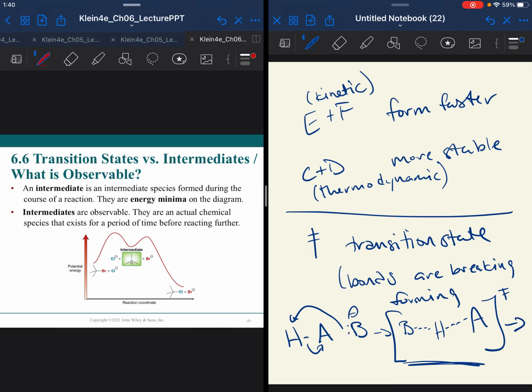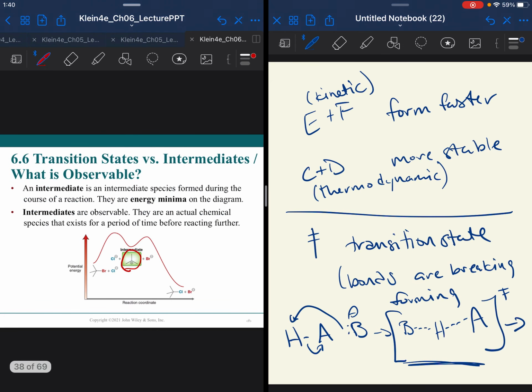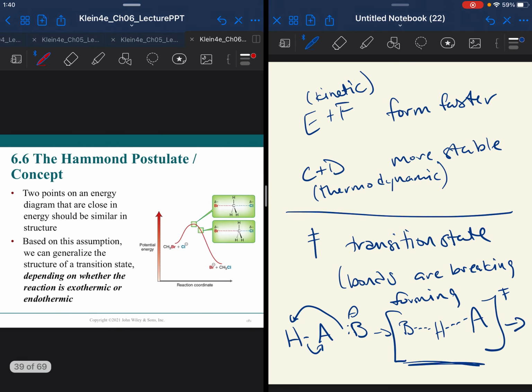A different but very similar reaction, the bromine breaks first and you have an intermediate and then the chlorine bond adds. We are going to learn in chapter 7 the difference between this one-step reaction and this two-step reaction. If that is breaking your brain right now, don't worry about it. We're going to get there.